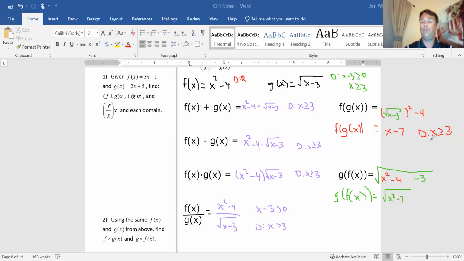So I'm starting off, now I still have that domain of x is greater than or equal to 3, but I have another domain I have to think about as well. This x squared minus 7 also has to be greater than or equal to 0. So if that's the case here, I get x minus root 7 times x plus root 7.